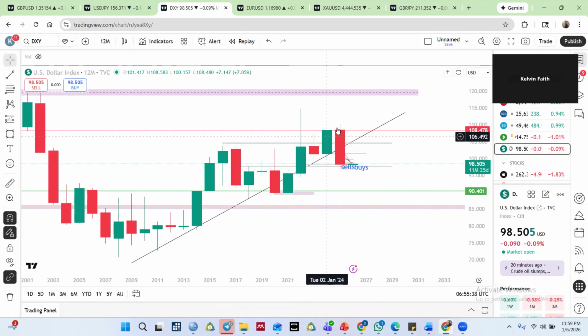So we see an engulfing candle. So what do we see here? We can see the market is giving us something like a morning star formation. We see a higher high, lower high, and a higher high.